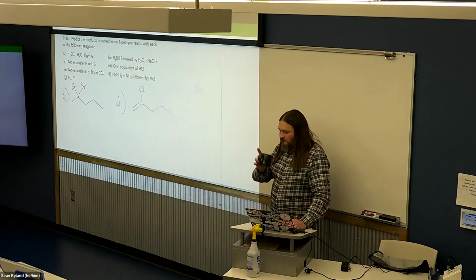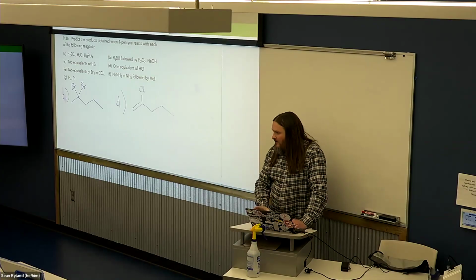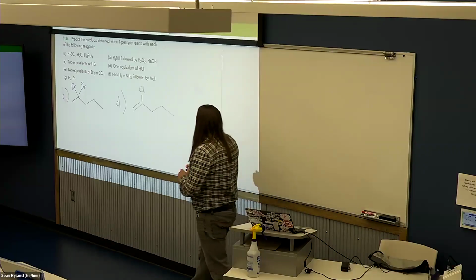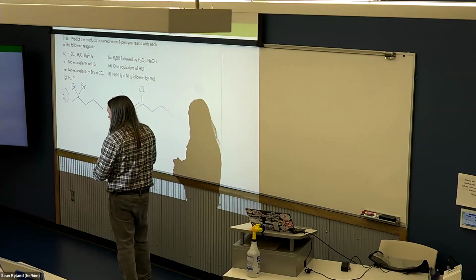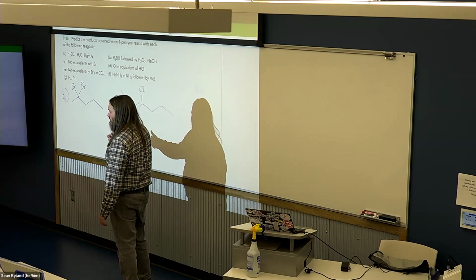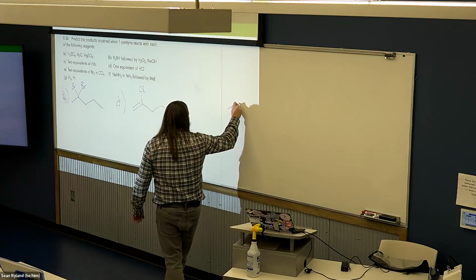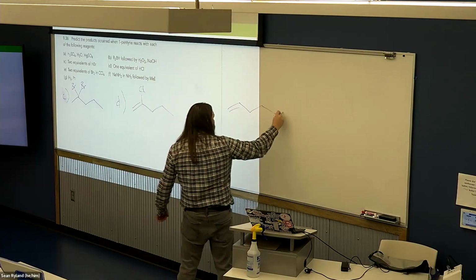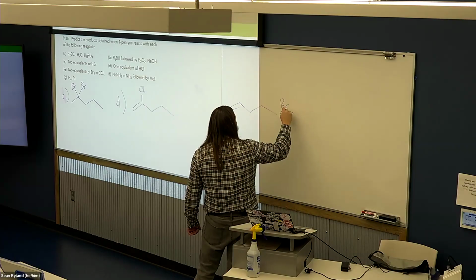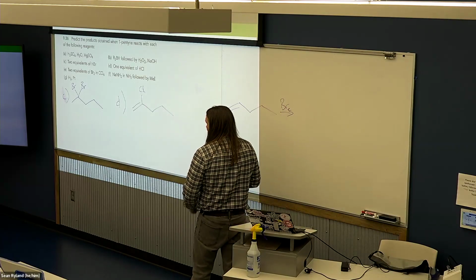So it's going to happen twice, with Br2. With alkynes, when you're not sure, think about what it would be if it was one equivalent with an alkene. We know what that does.